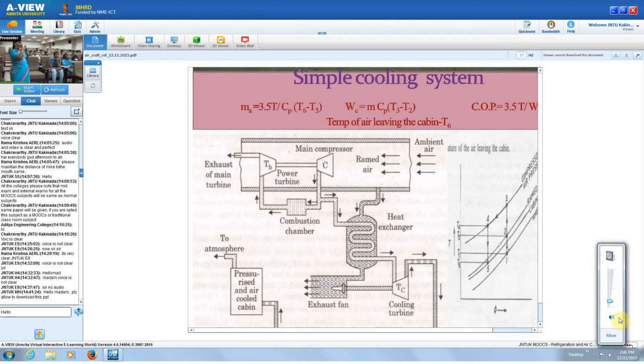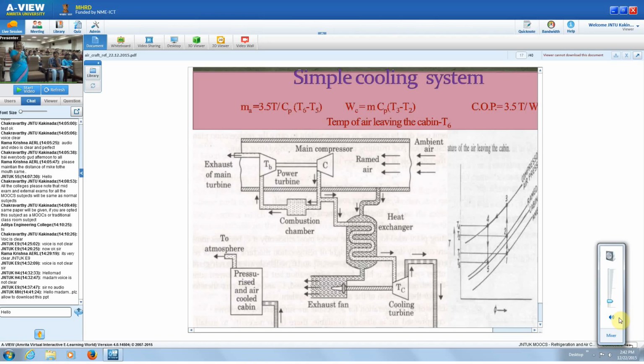For the air refrigeration only a part is used. That small current of compressed air from the main compressor goes through a heat exchanger, where the cooling is done at constant pressure. The fluid used is the rammed air itself.